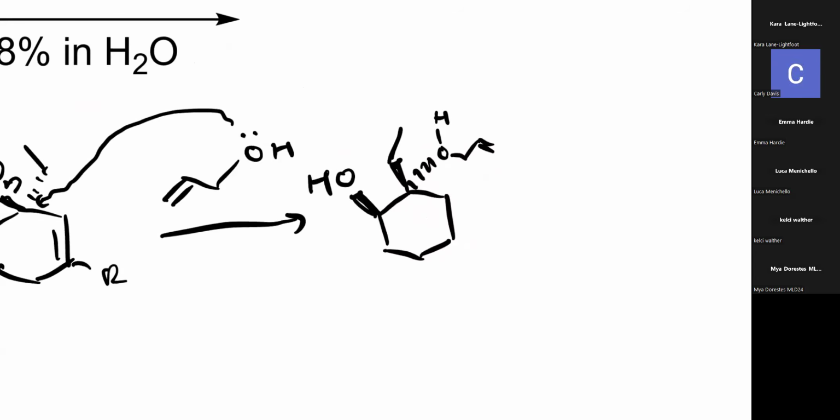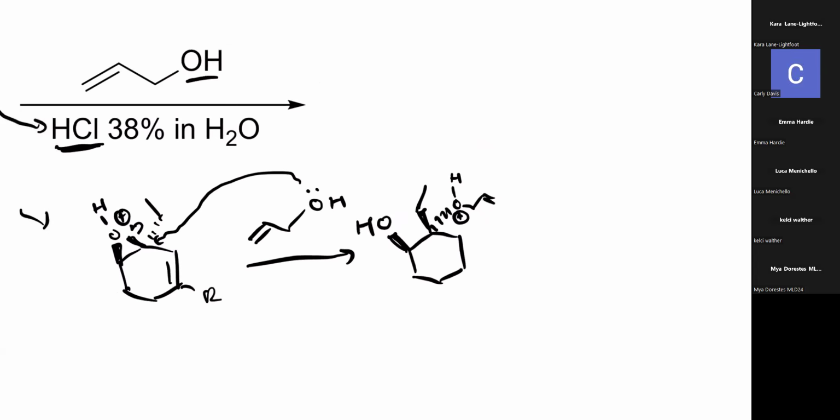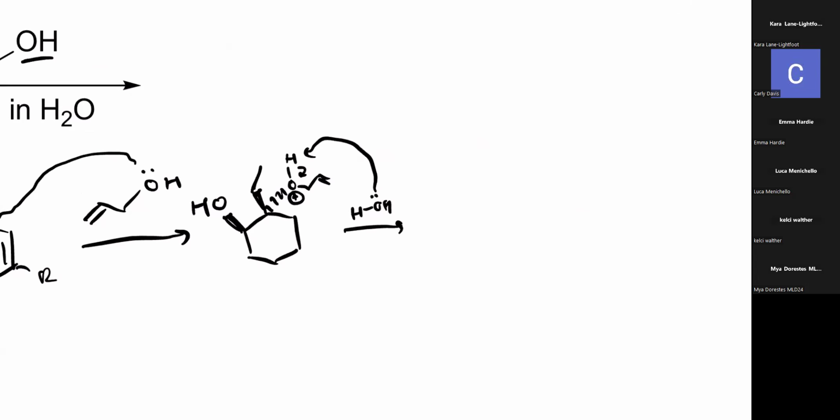We do a backside attack. Then we can deprotonate our final product to get to a neutral product.